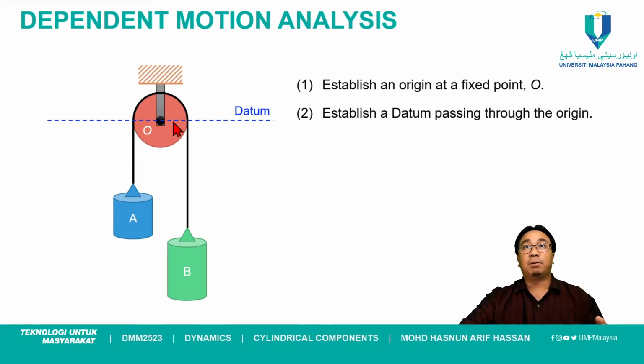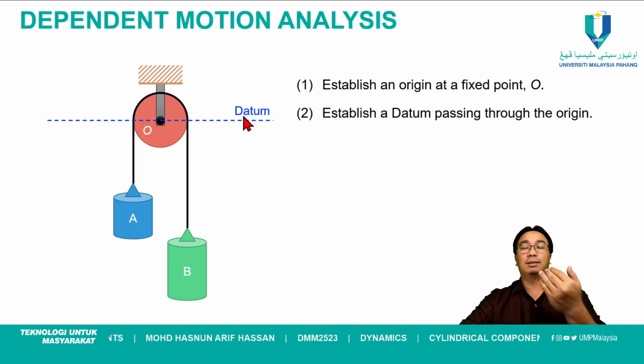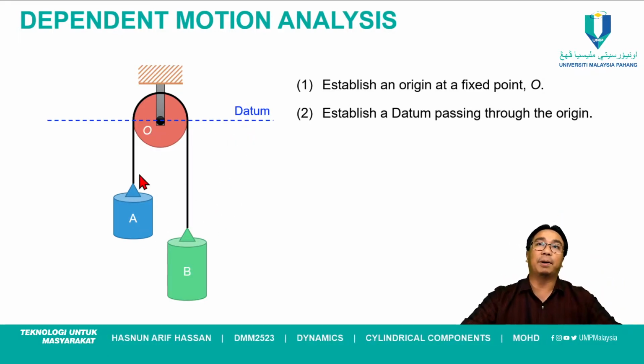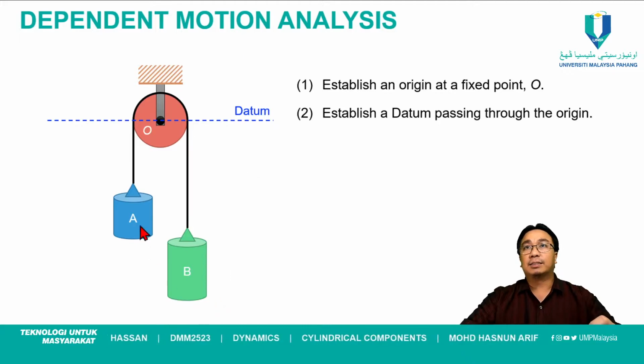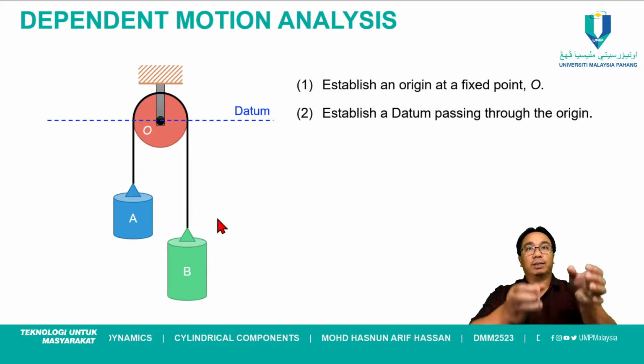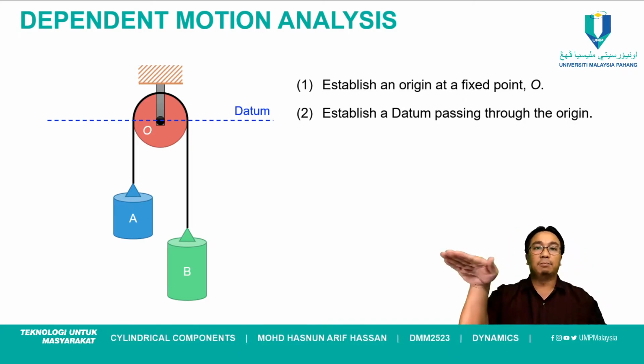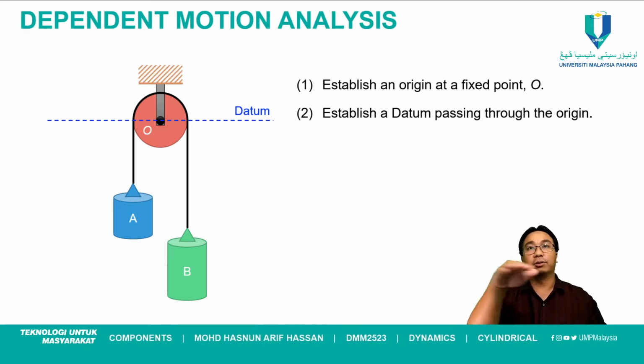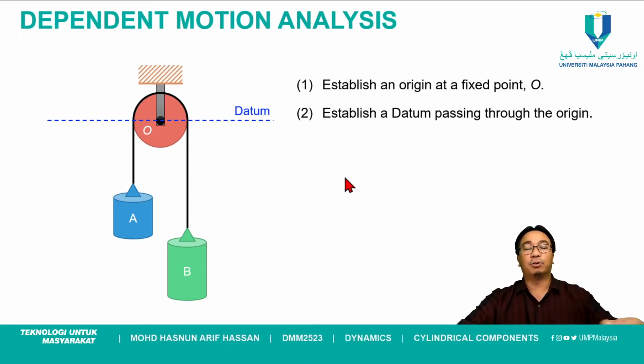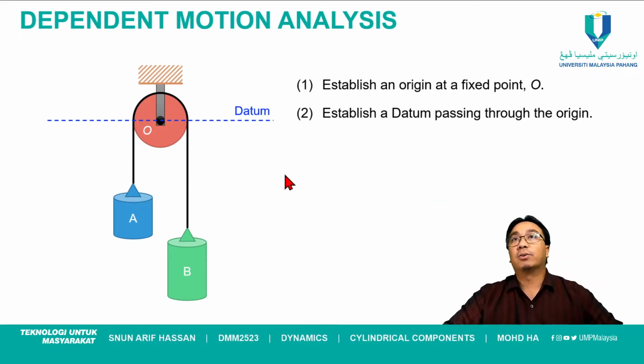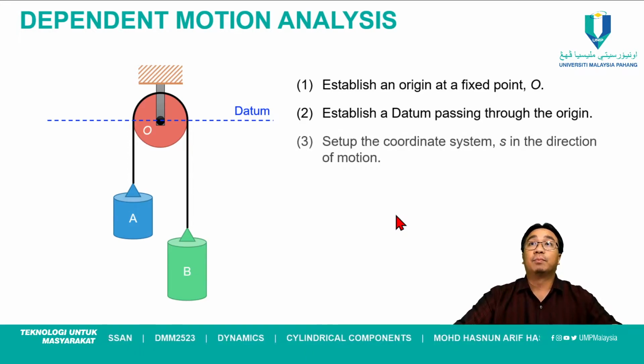We will establish a datum passing through point O. Okay, so mostly datum ni akan jadi horizontal lah. Dia bukan vertical, tapi bergantung kepada jenis pergerakan ini. Okay, dalam case ni because the object will be moving up and down, so datum ni akan kita buat pada horizontal datum, horizontal reference line. Okay, that is step number 2. Step number 3 is to set up coordinate system.